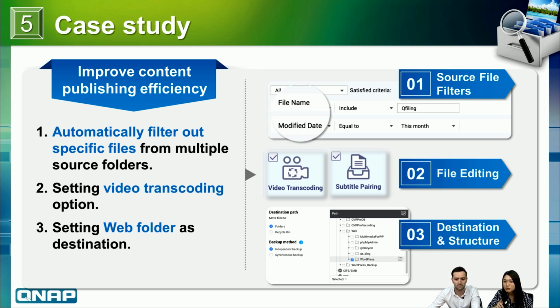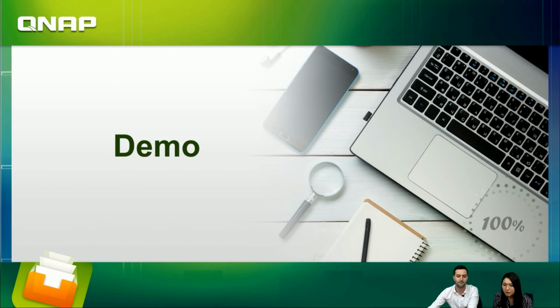We can just choose the file we want, choose the video transcoding module, and set the destination folder as the web folder. So if you have a website or a blog, it will do it for you in the web folder. So we can change to the demo to show the tasks. Maybe we can go see these in real time in the demo video.